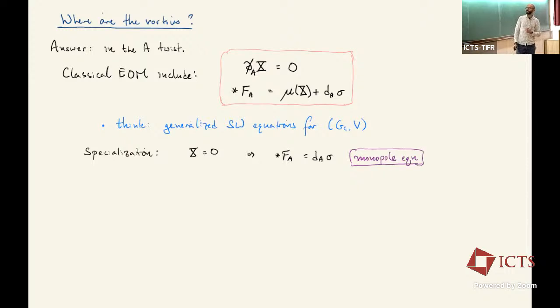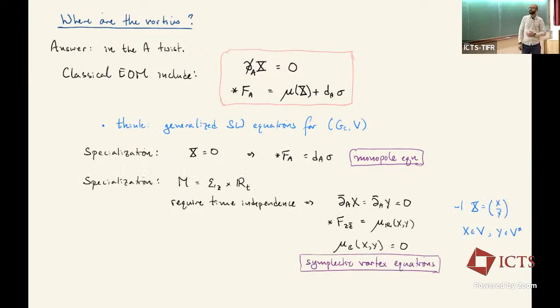They have several interesting specializations. One very simple one: if we happen to just kill the matter, kill the spinor, then the equations just look like monopole equations in 3 dimensions. Another specialization that is quite useful is asking for time-independent solutions.